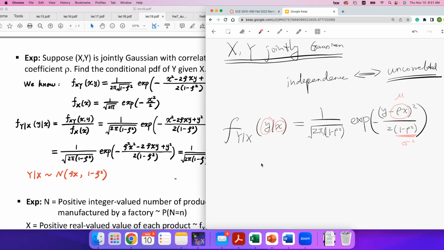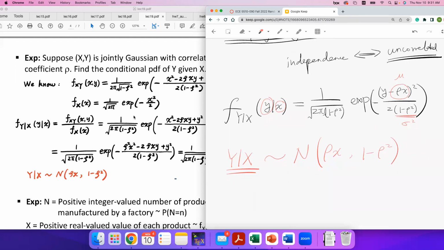From this, we can see that this random variable y given x is following the Gaussian distribution with mean rho x and variance 1 minus rho square, because we are conditioning on the realization of x, so this is a given number.